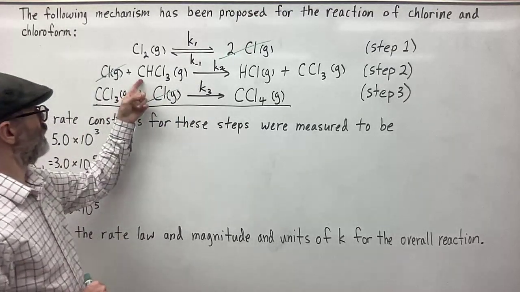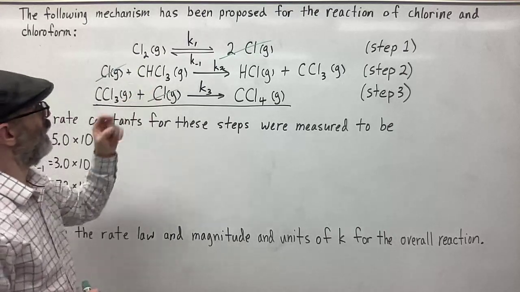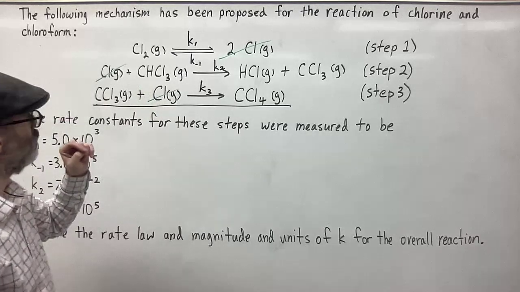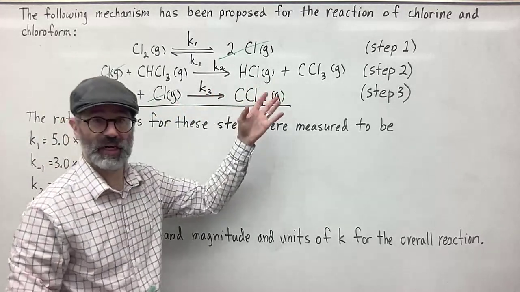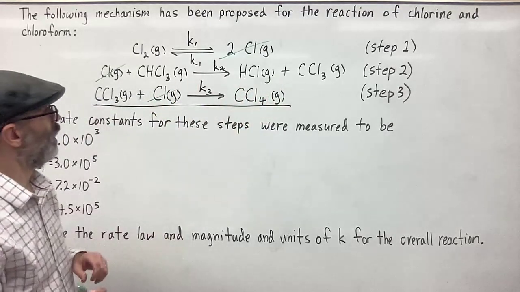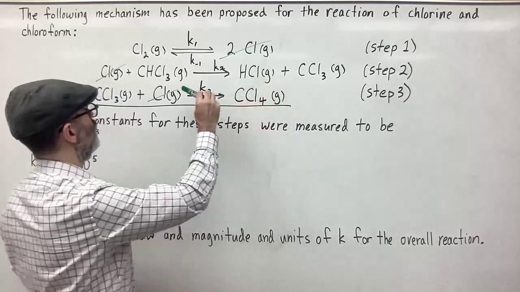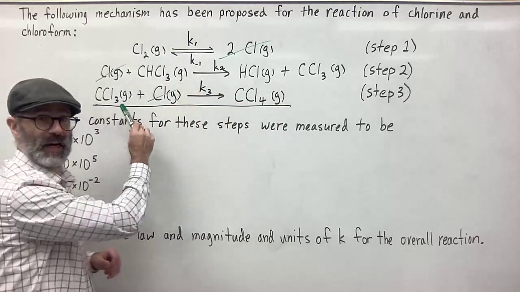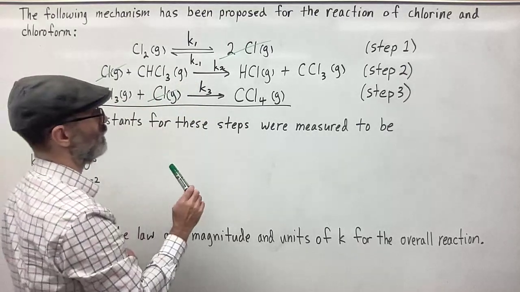I have CHCl3 gaseous on this side. And I don't have CHCl3 on that side. So that's chloroform. So chloroform will stay. Here I have HCl gas on the product side. On the reactant side, I don't have HCl gas, so that'll stay.